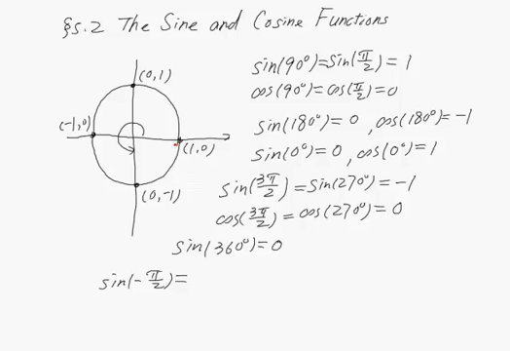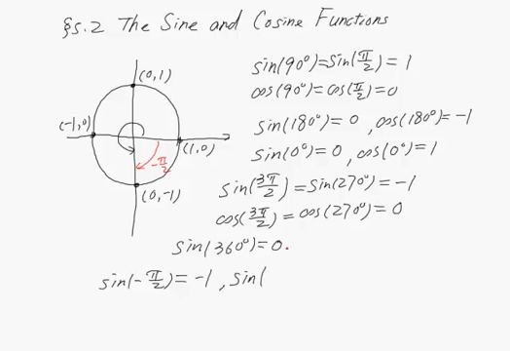You see, negative pi over 2 is this angle. Let me use the color. Right, this is negative pi over 2. So the point of intersection is here. And the y-coordinate is negative 1. So the sine of negative pi over 2 is equal to negative 1.